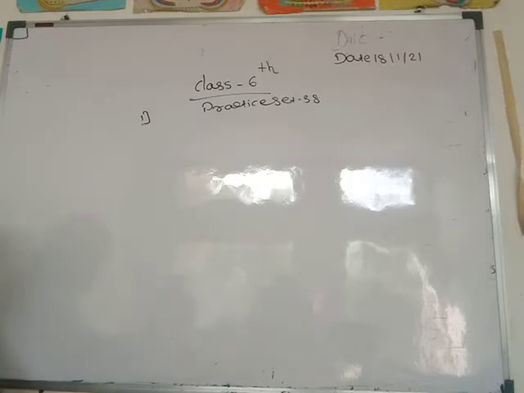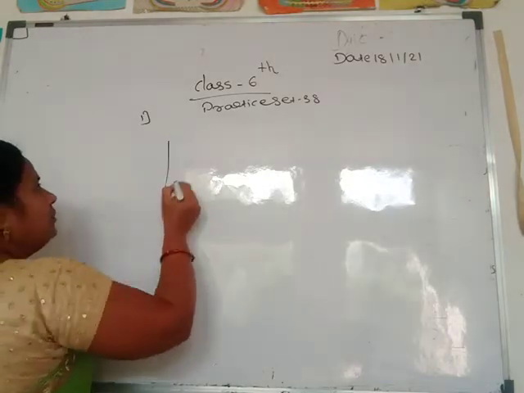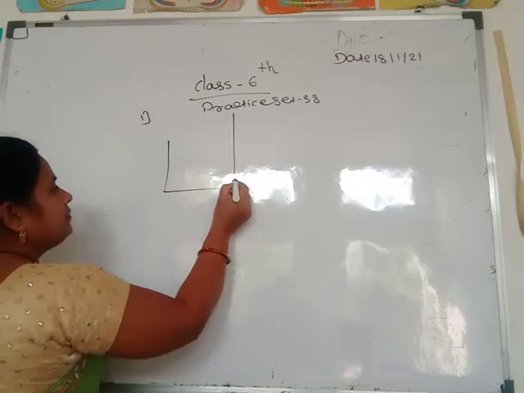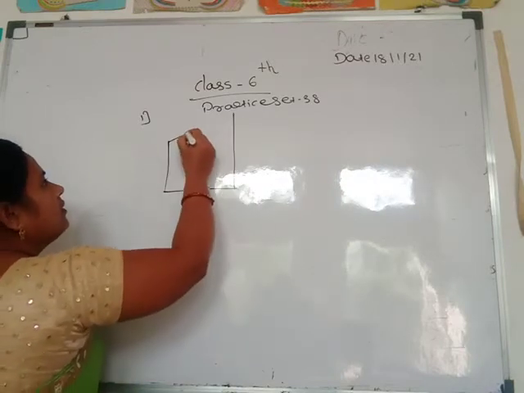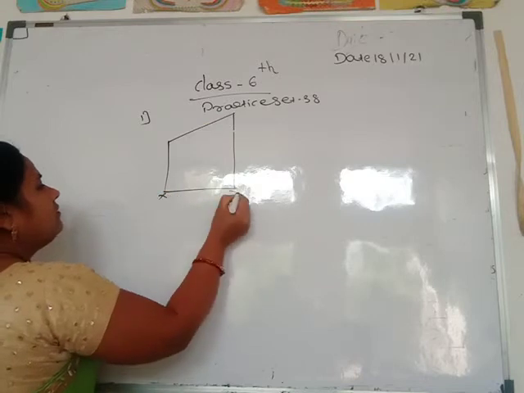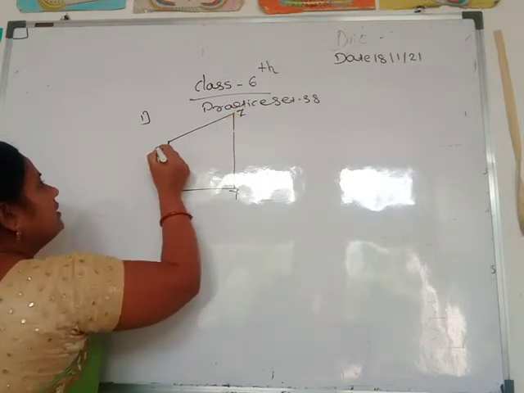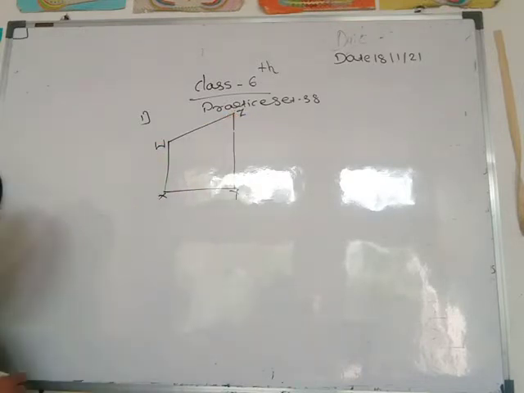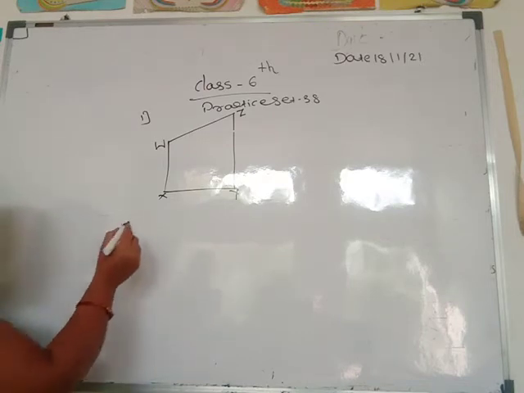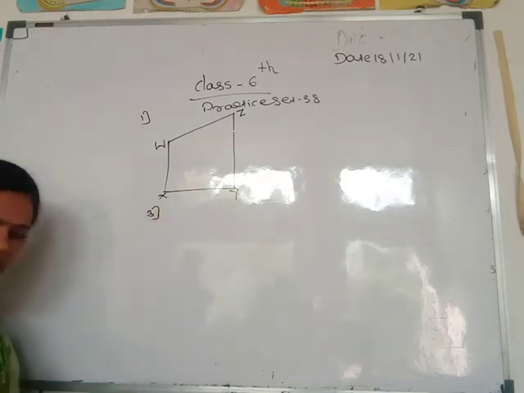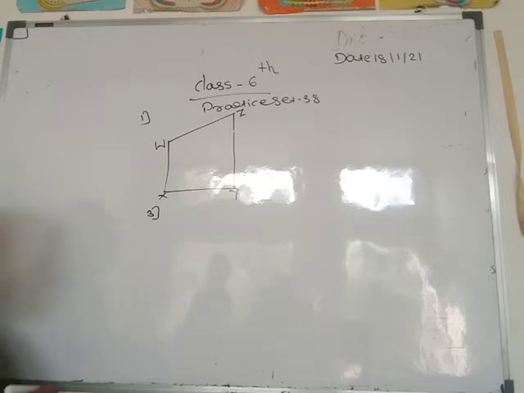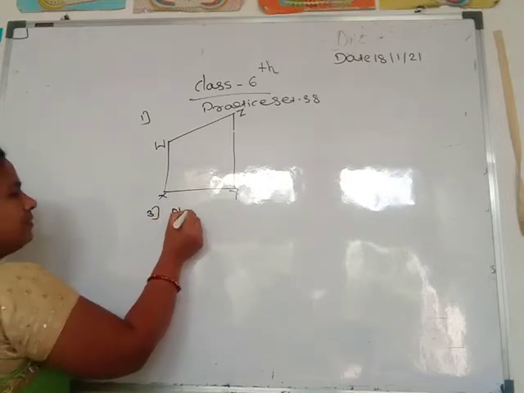Name the pairs of opposite angles and the pairs of opposite sides. Firstly, you draw quadrilateral XYZW.